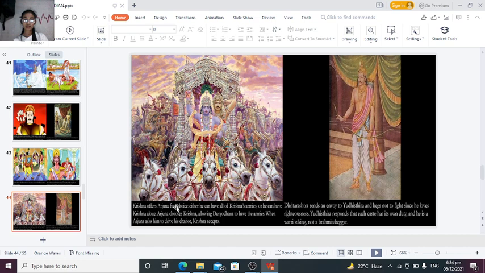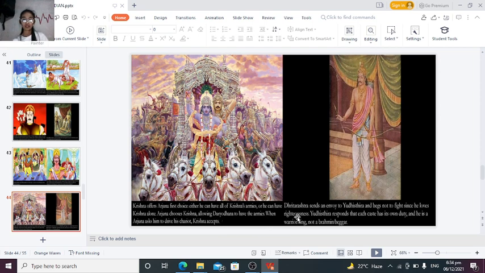So Krishna offers Arjuna first choice: either he can have all of Krishna's army or he can have Krishna alone. So Arjuna chooses Krishna, allowing Duryodhana to have the armies. When Arjuna asks him to drive the chariot, Krishna accepts.